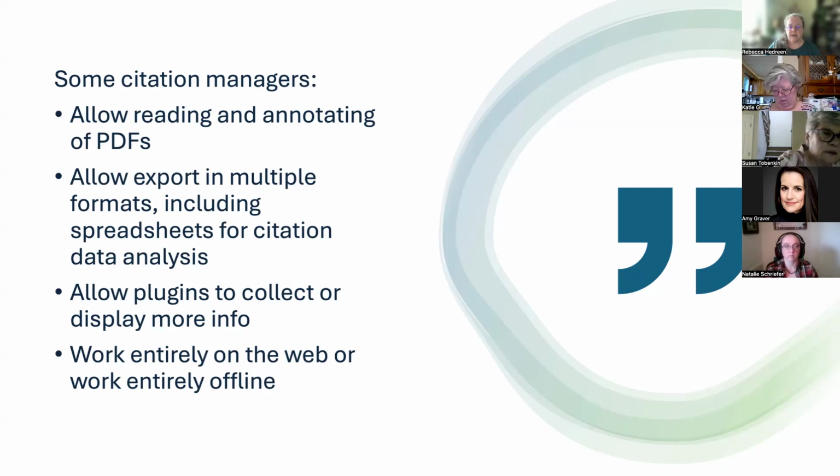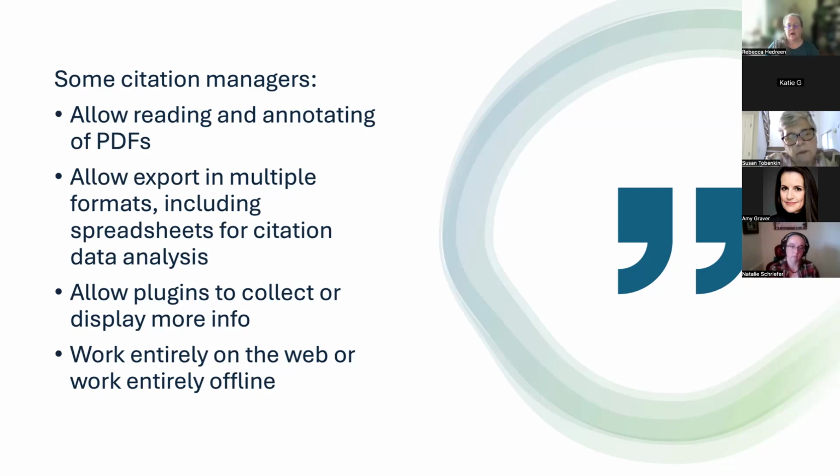There are also plugins in some cases for the citation managers themselves that allow you to collect or display more info. For instance, there is a product called Scite, S-C-I-T-E, and that is a tool that looks at the context of citations.